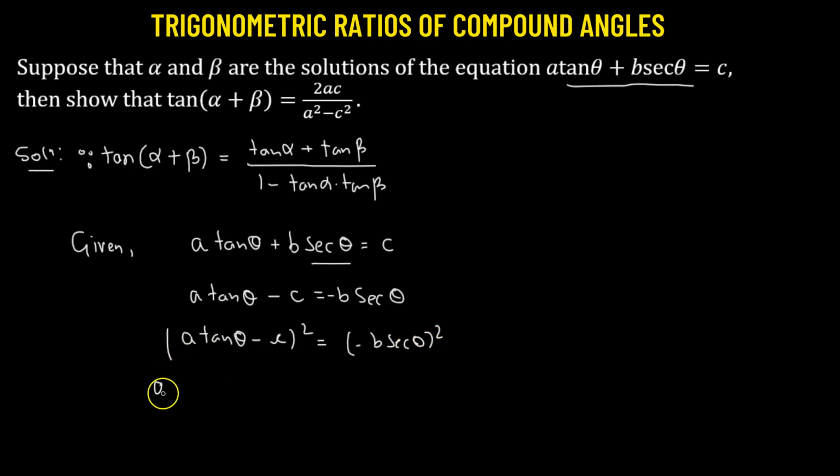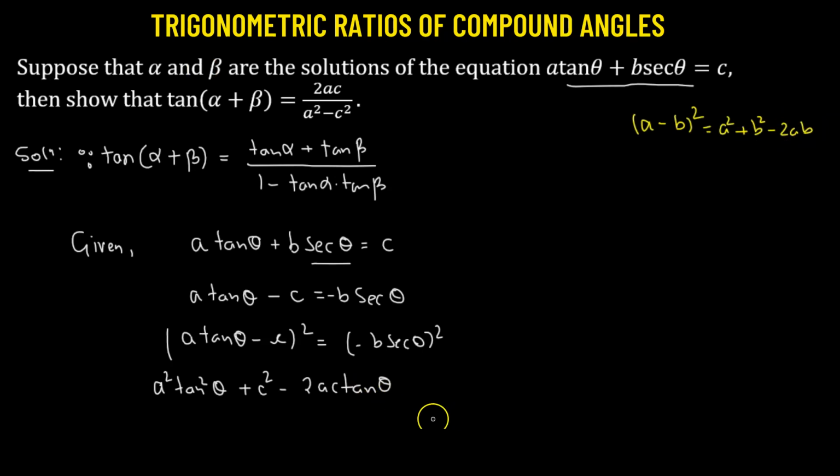So let's expand it. We're going to get a squared times tangent squared theta plus c squared minus 2 times ac times tangent of theta. So here what we have done, we have used the formula a minus b whole squared, its expansion will be a squared plus b squared minus 2ab.